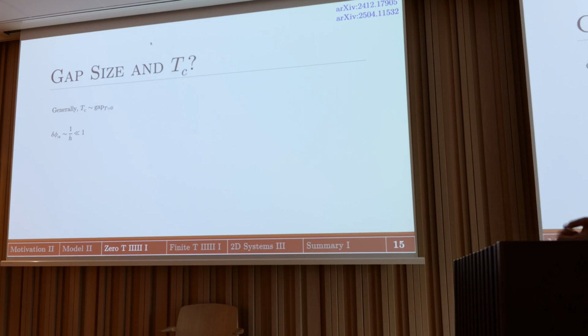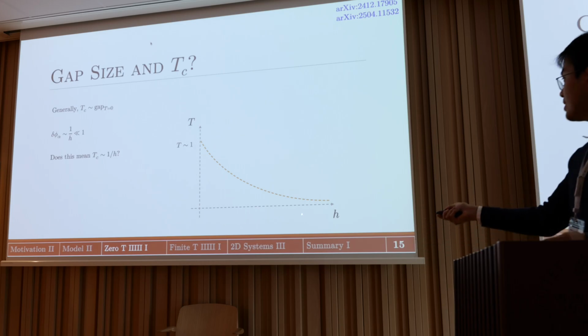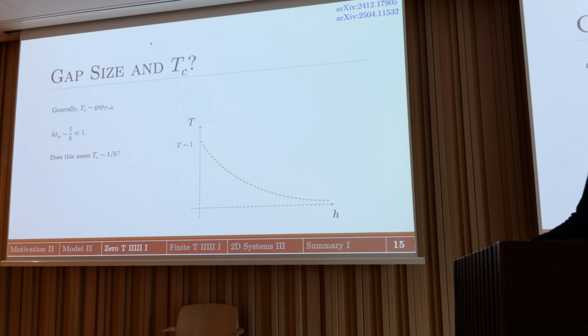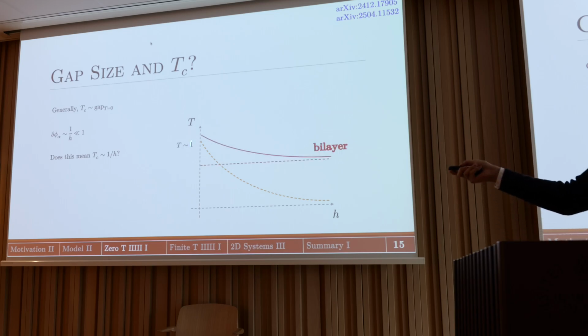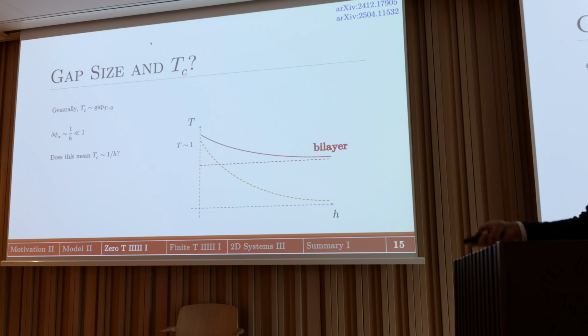So, okay, sure, there's a non-trivial ground state, but maybe the transition temperature is asymptotically 0, right? Maybe it doesn't survive up to finite temperatures, and then it would be much less interesting. So the next section is to convince you that that's not true. It's going to be asymptotically non-zero.